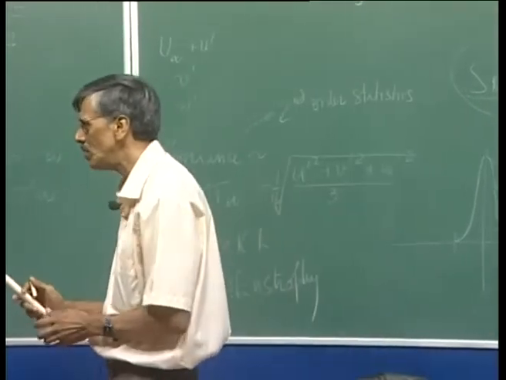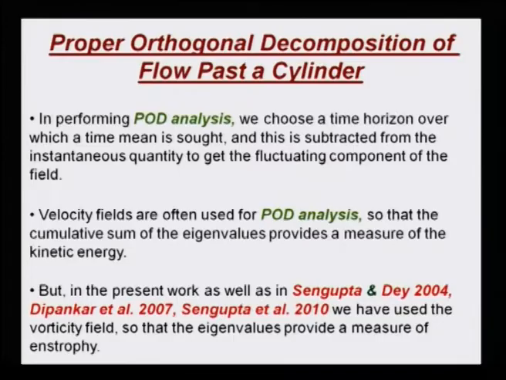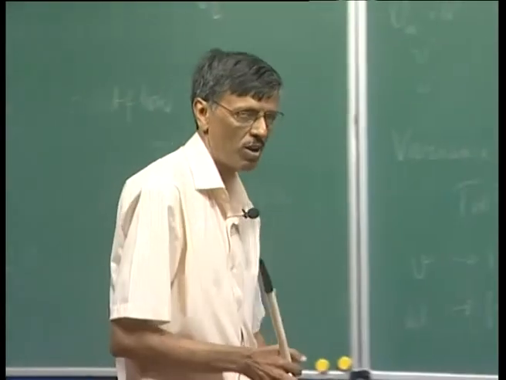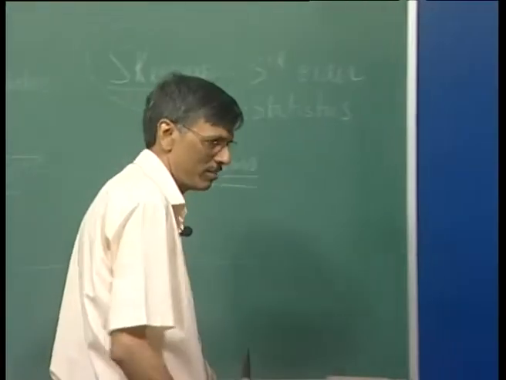Okay. So, we basically prefer working with the vorticity field, because that is what fluid mechanics is all about. It is all about vorticity dynamics. So, you work with vorticity, you work with entropy, and that is how we are going to do it.